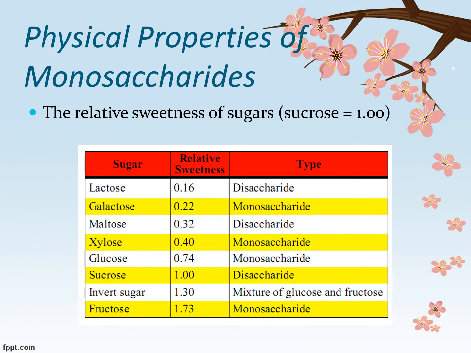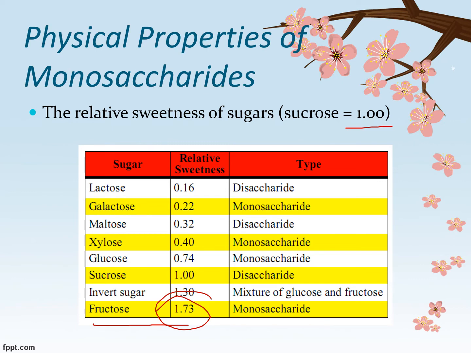This table here shows the sweetness level of different sugars. Sucrose is 1. Table sugar, which we use in our daily life, has a sweetness level of 1. Fructose is the sweetest, having a 1.73 sweetness level.